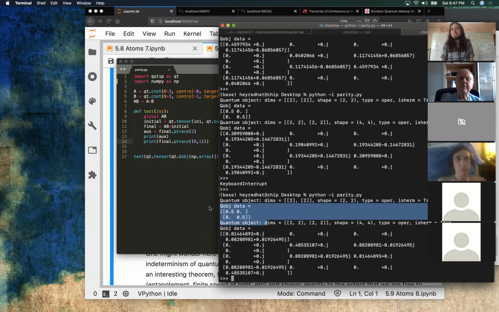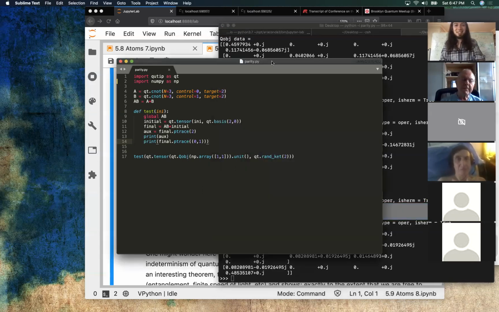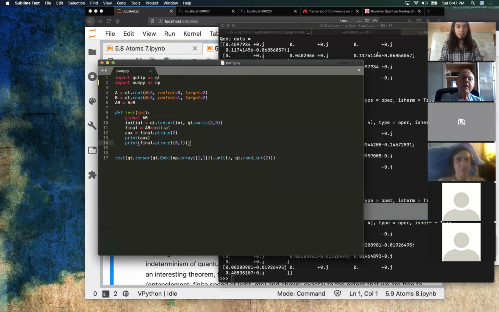I'm sorry, I wish. Well, not with the CNOT parity gate. This is not going to do the trick, basically because the CNOT does measure the state. I mean, it's a unitary operator, so.